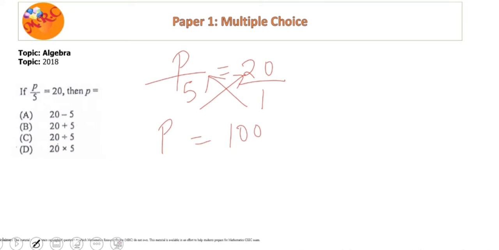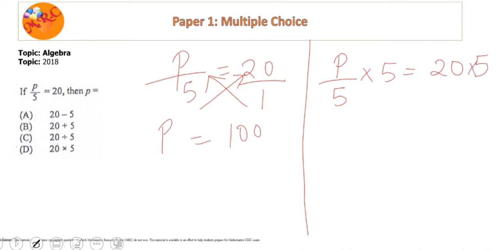Another method is that we could multiply both sides by 5 to get rid of the 5 here, and we're left with p equals 100. But looking at the options, they don't go to that very final step. They want to know what you're going to do to get the value of p, and all we did here is multiply, the same thing that we did here. So our answer is D.